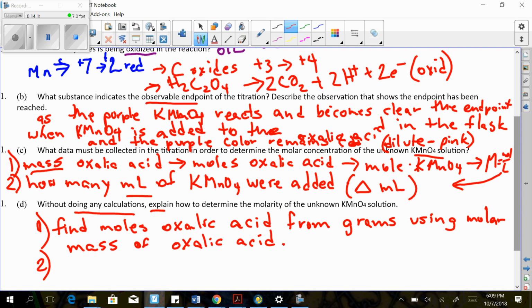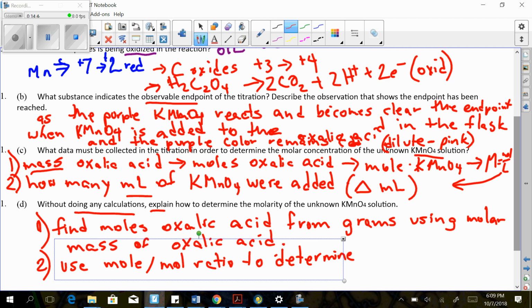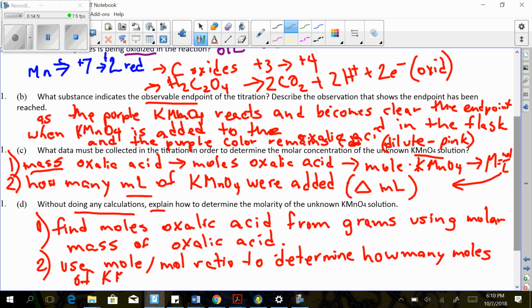The next step in that is, if you want to go from one thing to another, use the mole to mole ratio to determine how many moles potassium permanganate react.